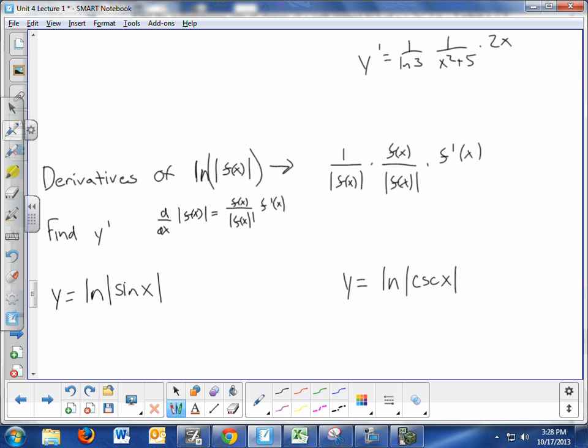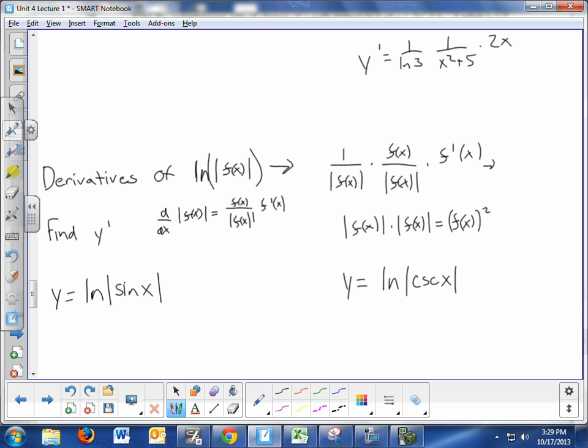Okay? That's messy, right? Well, it gets simpler. Absolute value of f of x times absolute value of f of x is equivalent to what? Beautiful. F of x squared.